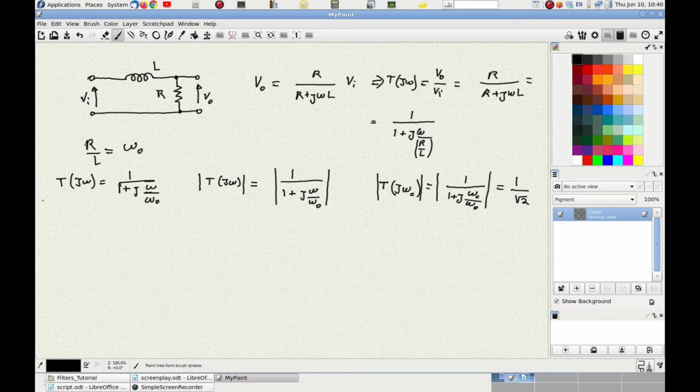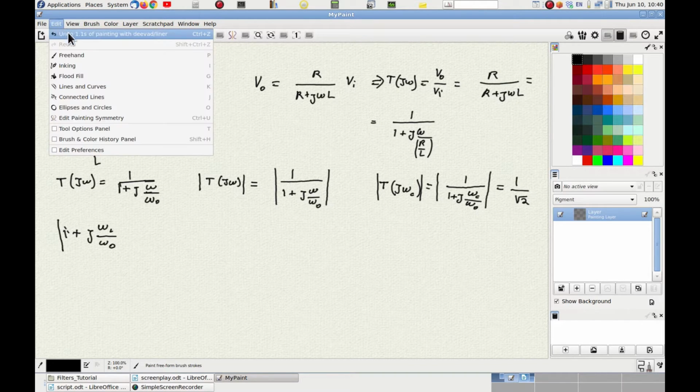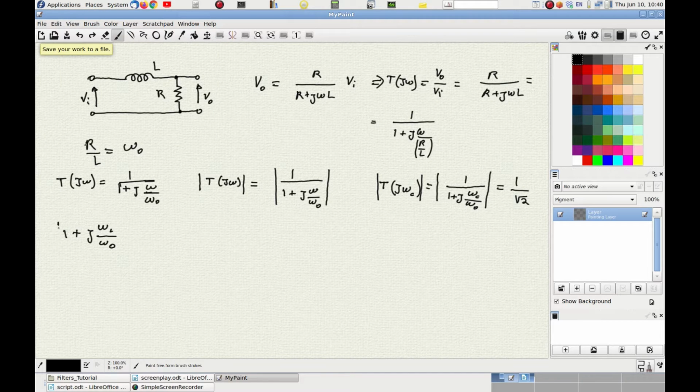And since the numerators of this equation are both 1, it means that the denominators must also be equal to each other. And so, we can write that the magnitude of 1 plus j omega c over omega 0 equals square root of 2.